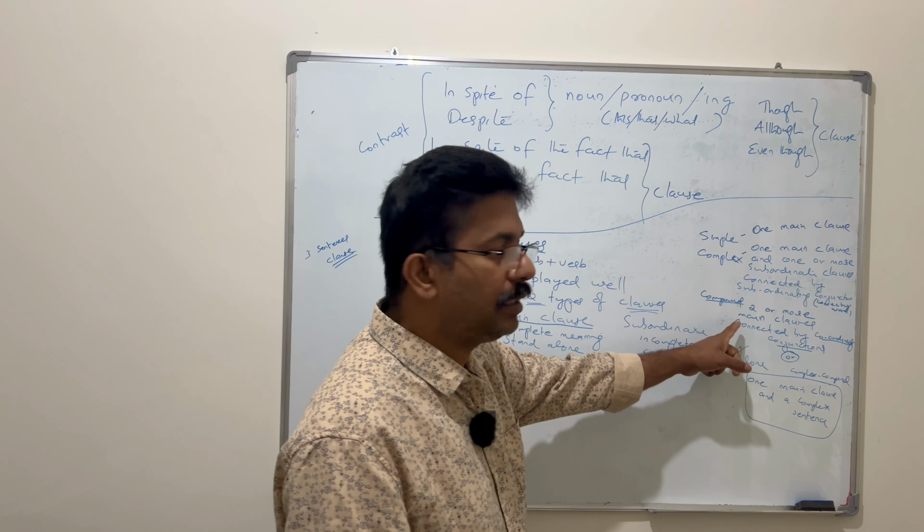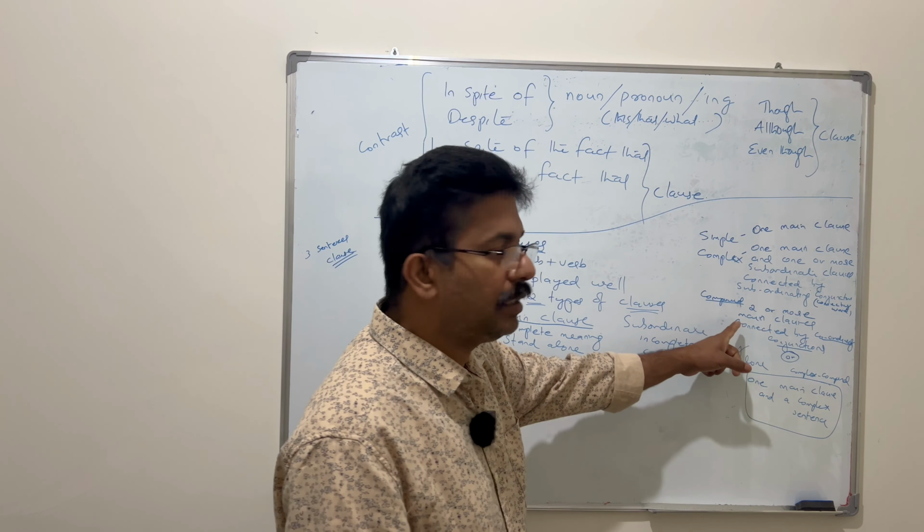One is that a compound sentence consists of two or more main clauses. Minimum, there should be two main clauses in a compound sentence. There can be more than two. That's why the definition goes like this: it consists of two or more main clauses. What's a main clause?